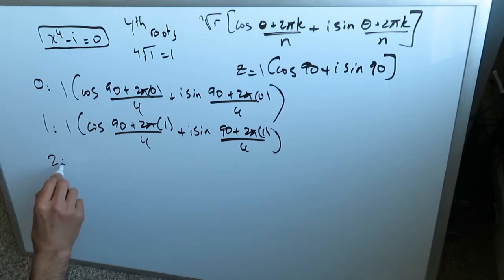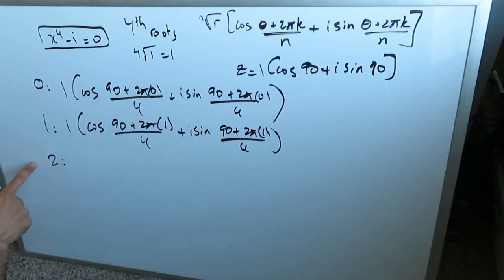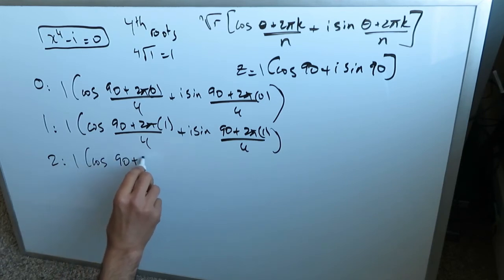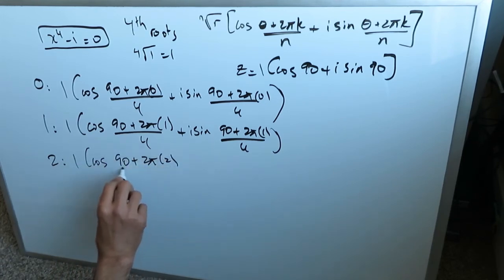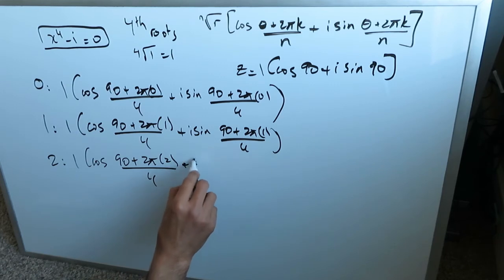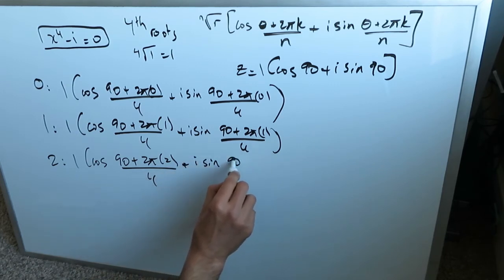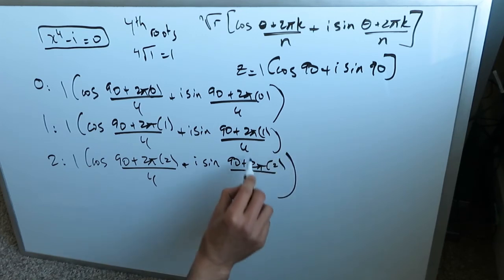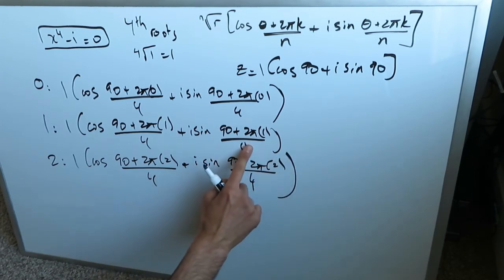And then number 2, the third term, k equals 2: 1 times cosine of 90 plus 2 pi times 2 over 4, your n value, plus i sine of 90 plus 2 pi times 2 over 4. Hopefully my handwriting is not getting too sloppy over here.